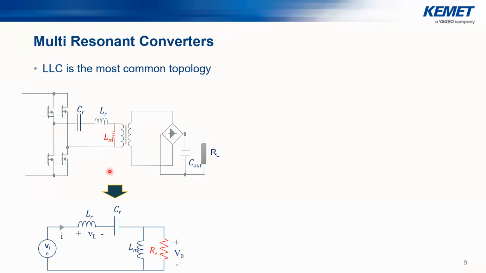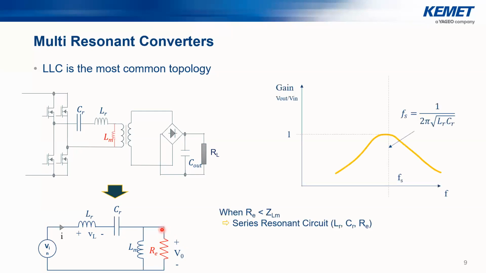We have RE, which represents all this part from the transformer to the load, and we have LM, CR, and LR. If RE is fluctuating, we will get a different gain in the circuit. We will not go into more detail on the equation of the gain, but we will show the result of fluctuating this load resistance.